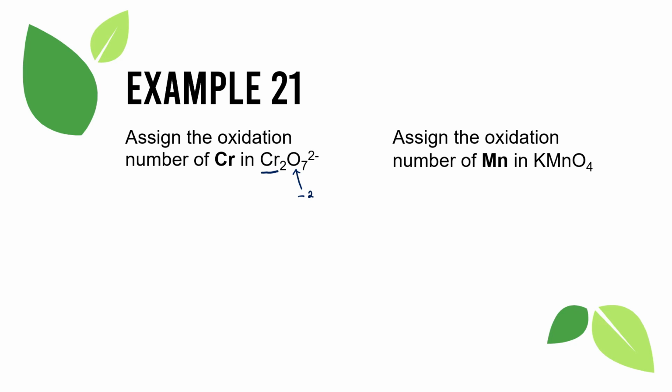We have Cr2, meaning 2 times chromium, plus 7 times -2, where -2 is the oxidation number of oxygen, and all these oxidation numbers should equal the charge on top here. So it equals -2, and then you can solve to find the answer.